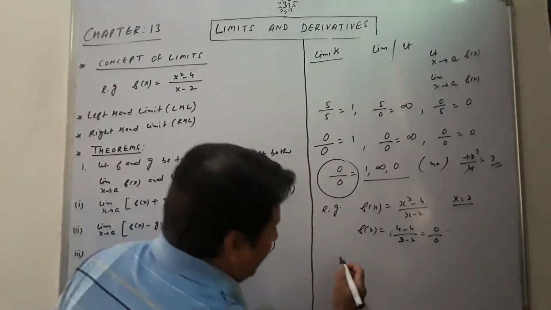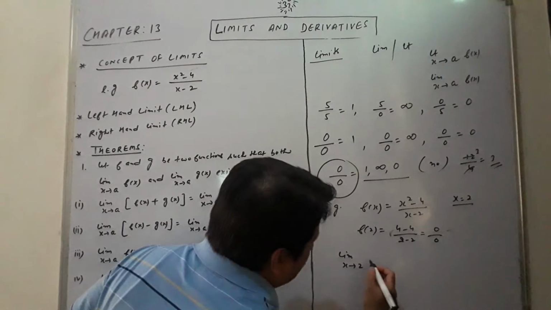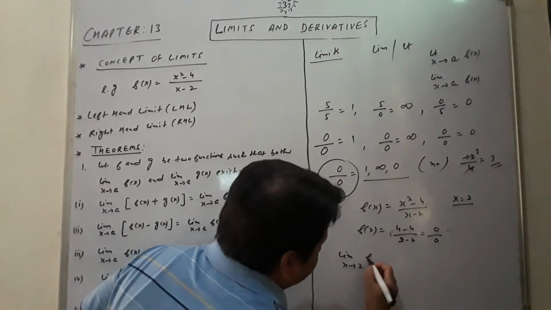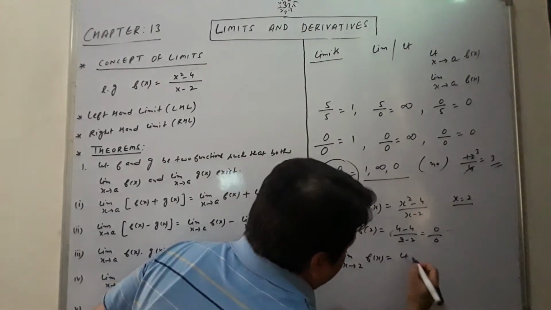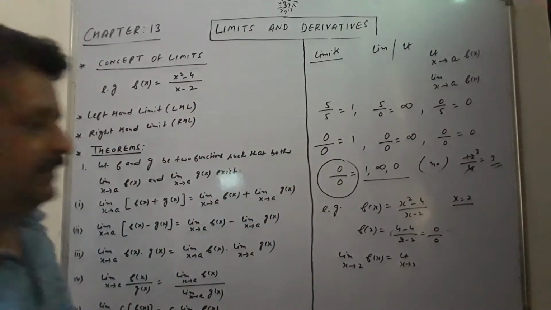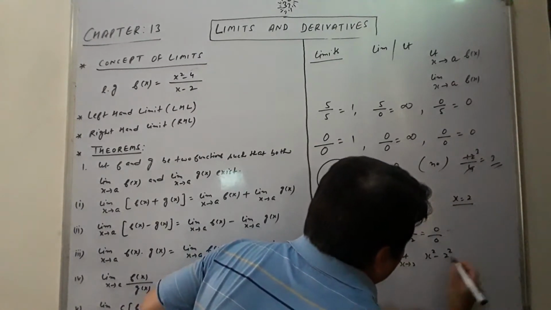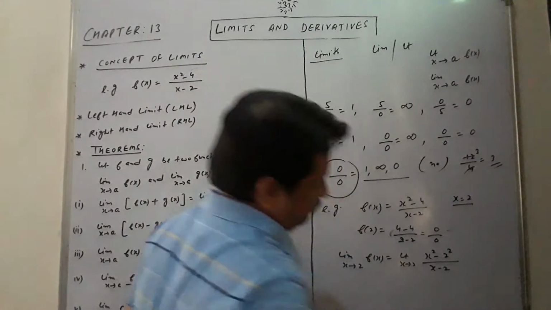But if I solve it with the help of the limit, limit x tends to 2 of f of x is equal to limit x tends to 2, and we simplify it. Simplify means we can factorize it: x square minus 2 square upon x minus 2.